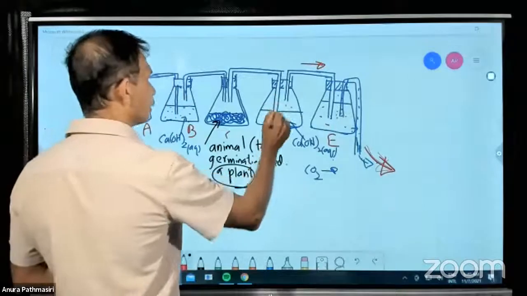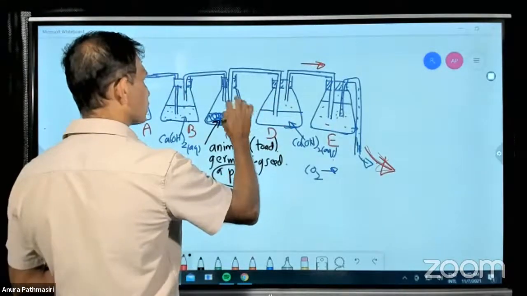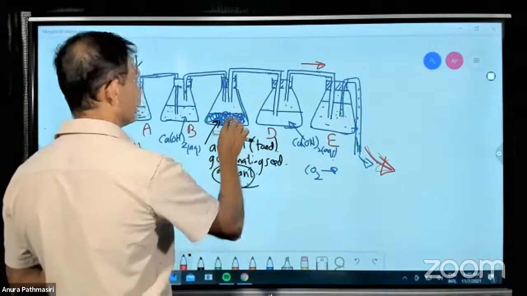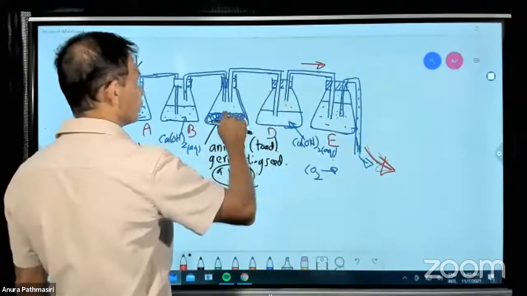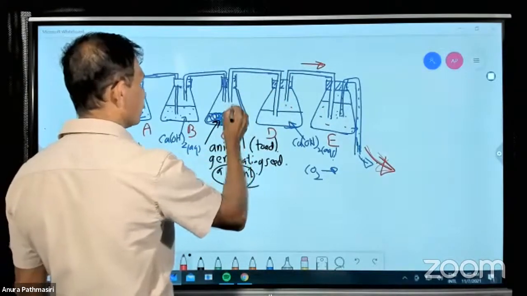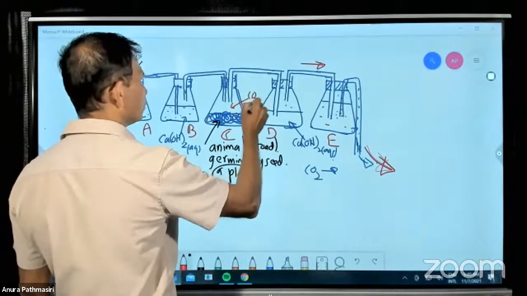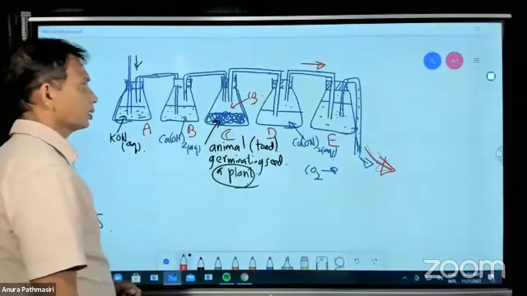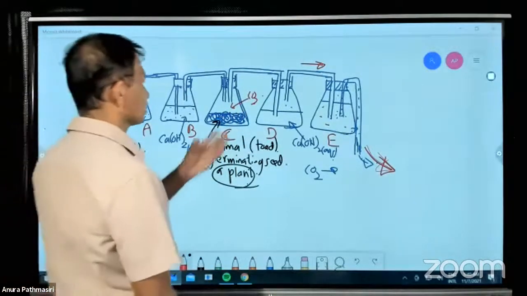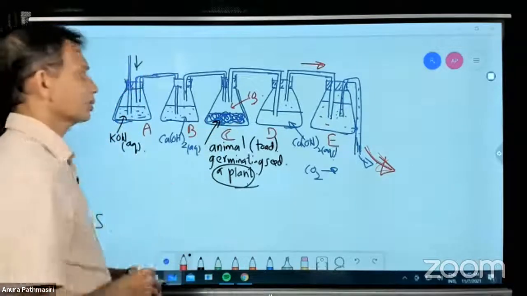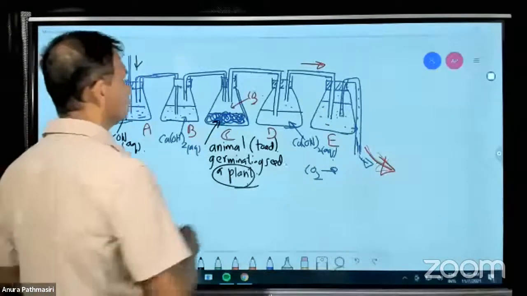And to fill the gap, the air is taken from the C flask, right? And the C flask has more carbon dioxide now. Carbon dioxide is there because of the germinating seeds or the particular organism, maybe a toad.